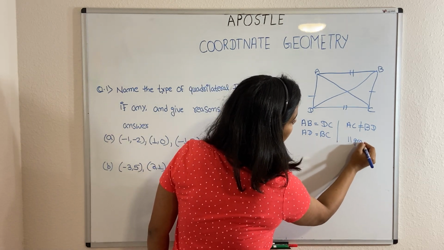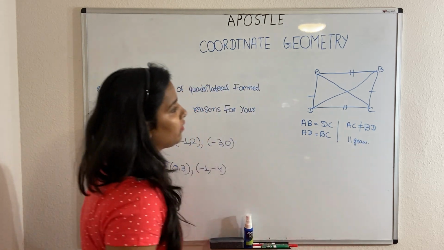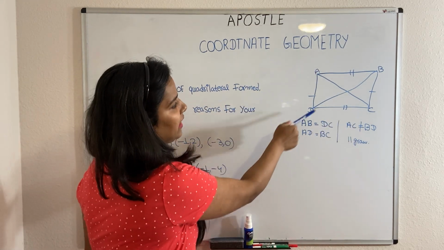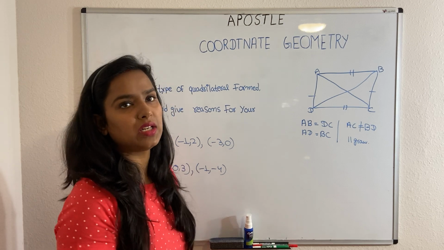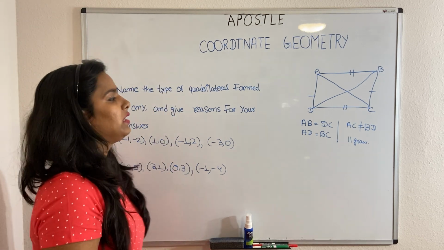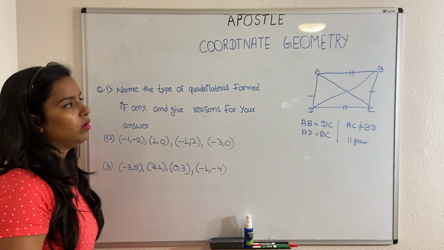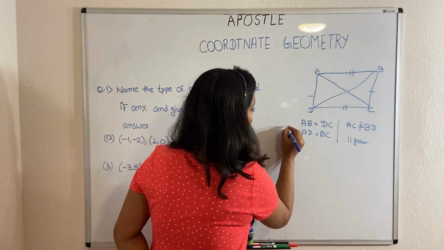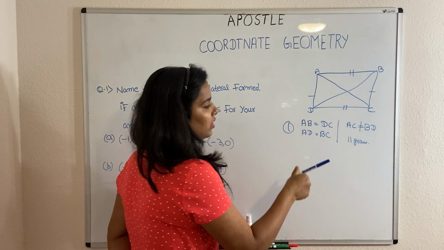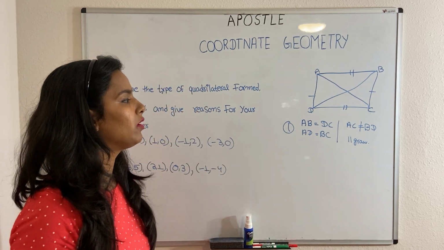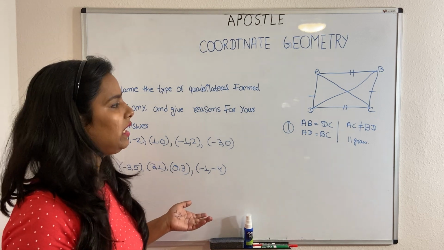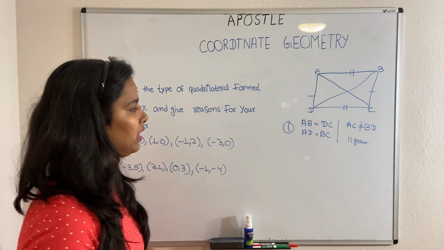So what is the property of a parallelogram? If AB is equal to DC and AD is equal to BC, but both the diagonals are not equal, then we call this a parallelogram. Clear? Both the sides have to be equal and the diagonals should not be equal.